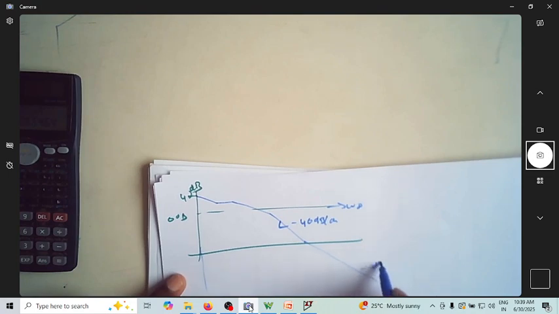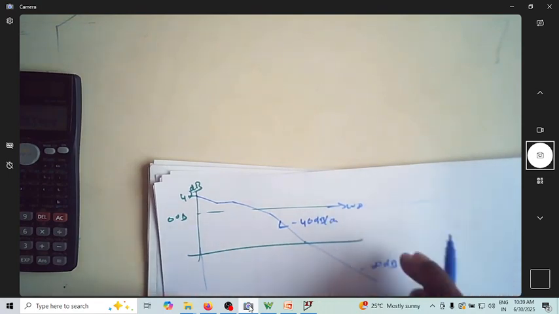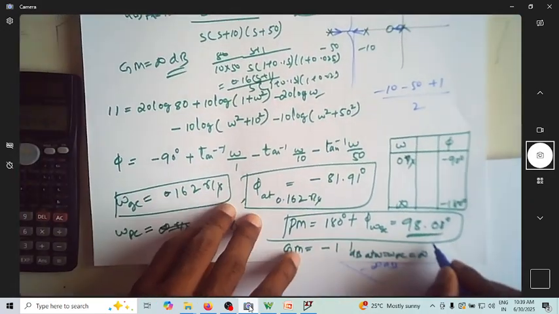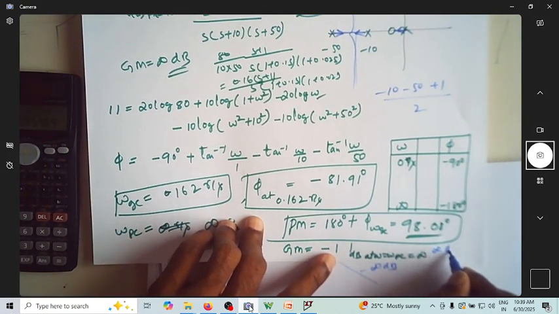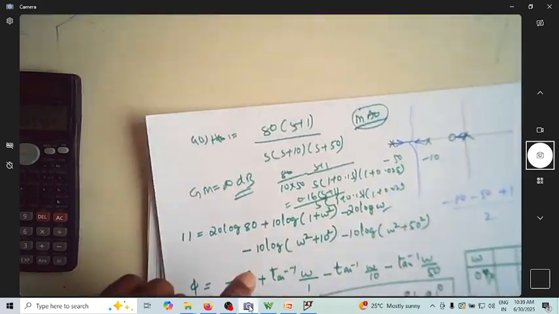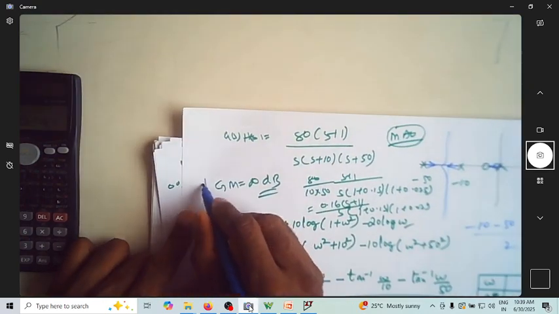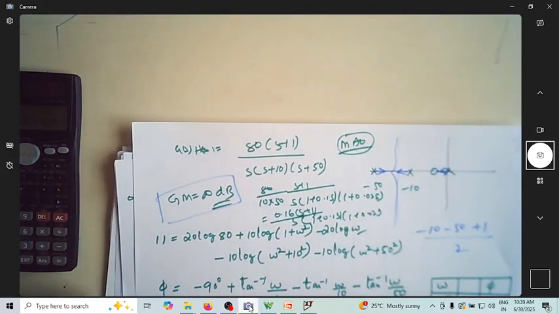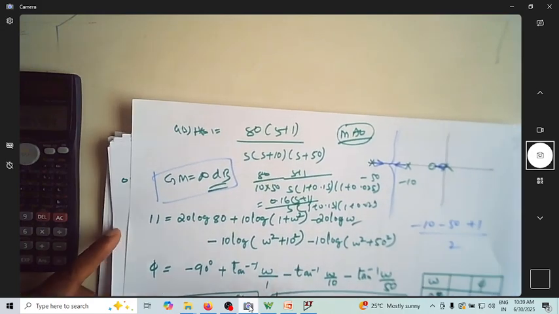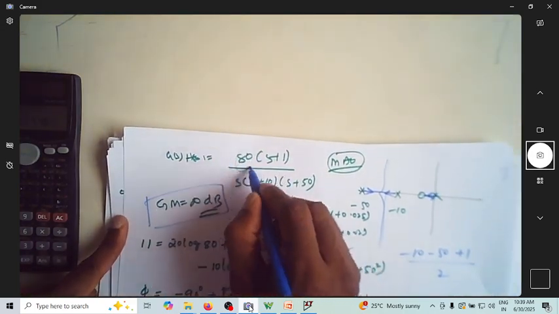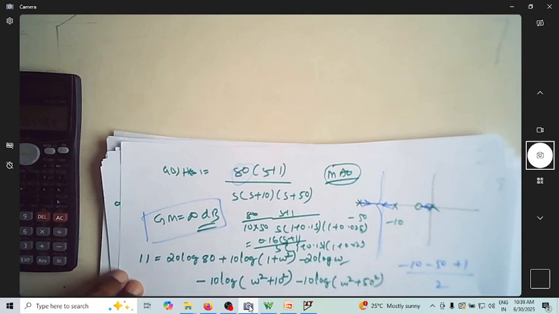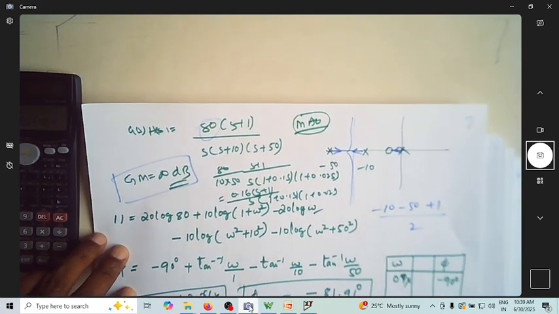So this may be minus infinite dB. This is infinity, this is minus infinity. So gain margin is infinite dB. That's what I predicted in the beginning itself. So this system is never oscillatory. If the existing gain is increased by whatever amount, the system will never become oscillatory. That's the meaning of this infinite GM.